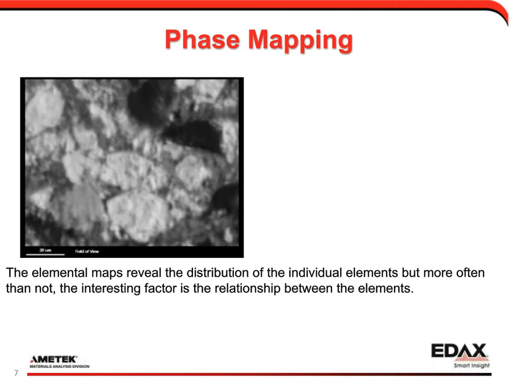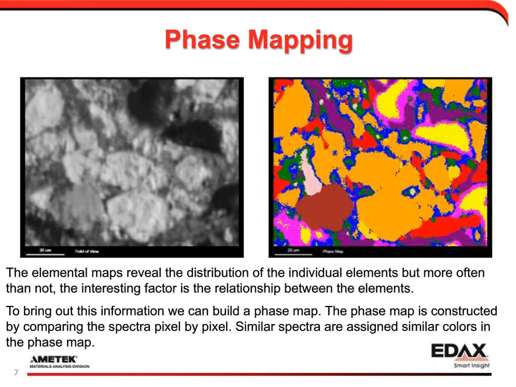We could also apply phase mapping. So phase mapping is a way to bring out this information without having to go through and overlay all the maps. The way we do it is that we take a spectrum, of course, a normal map throughout the entire region at each individual pixel.